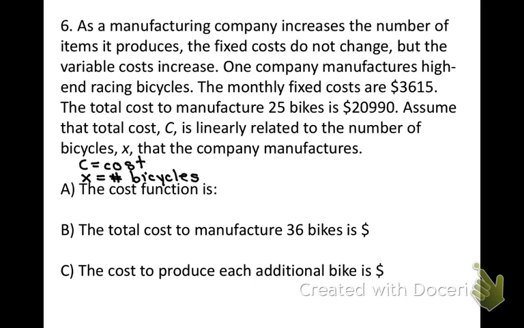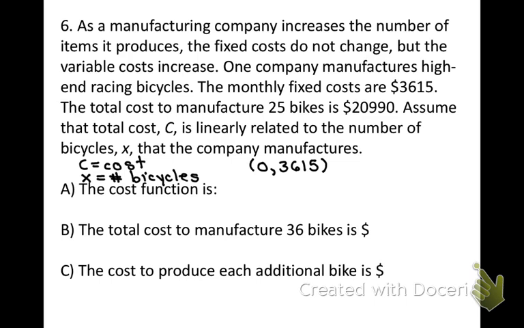So think about what this means in terms of fixed costs. This means that when no bikes are produced, my fixed costs are still $3,615. So when we write fixed costs as a point, we're actually looking at (0, $3,615). So no bicycles are produced and that fixed cost still remains the same.